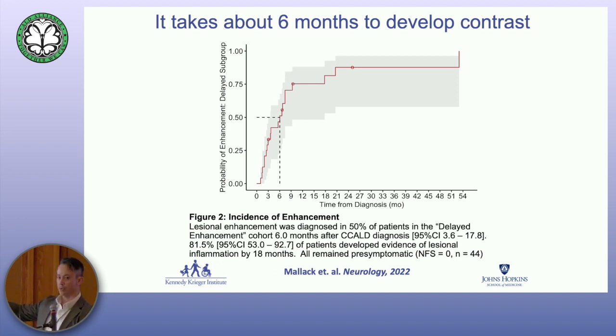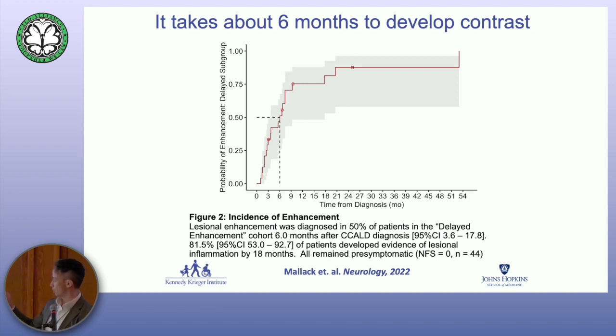In the kids who were diagnosed who did not have evidence of lesional enhancement on their first abnormal scan, how long did it take to show up? It took about 6 months. If you look at the youngest kids who have a diagnostic LES score of 1 or 0.5, it takes about 4.7 months. So they're the ones that show up a little earlier.